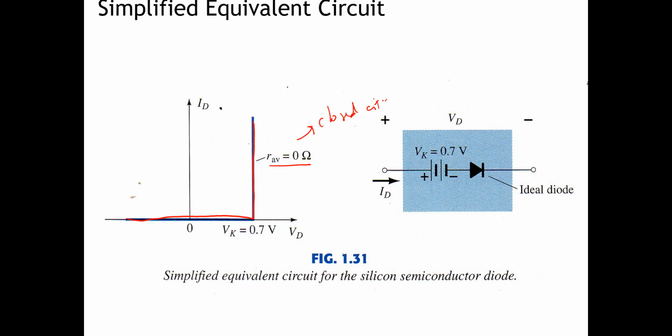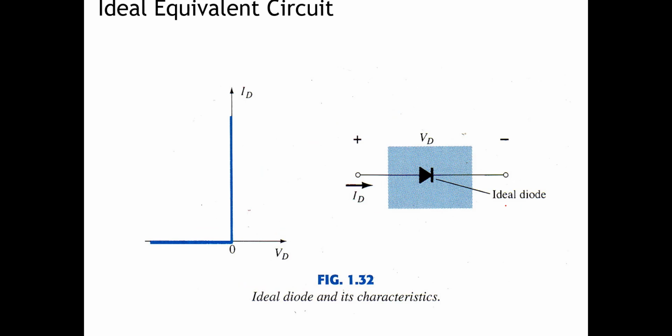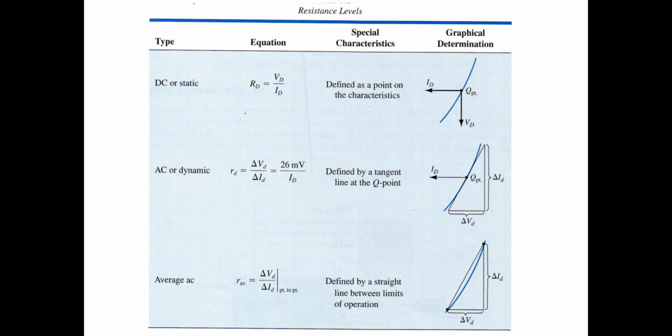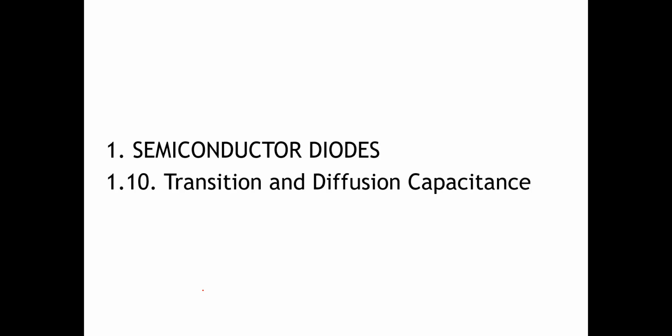Another simplification of the diode is the ideal equivalent circuit. There is no Vk, so once VD is 0, it becomes a very high current. So this is the summary, for the DC resistance, AC resistance, and average AC resistance.